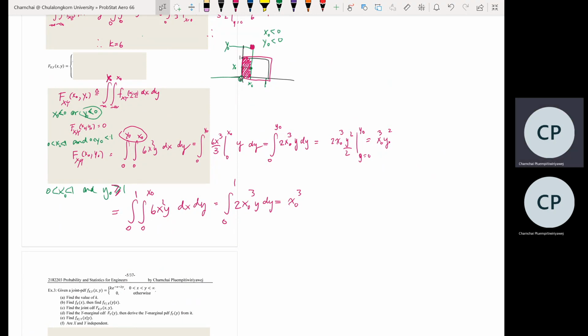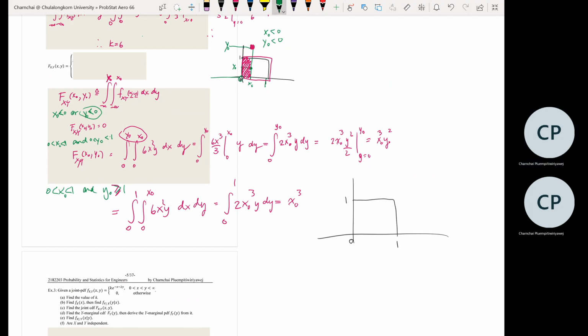All right, next. Let's draw this again. Remember the graph is from 0 to 1 here, from 0 to 1 here. And what's the next case? Y naught is between 0 and 1, but x naught is more than 1. Where is it? It's right here, right?